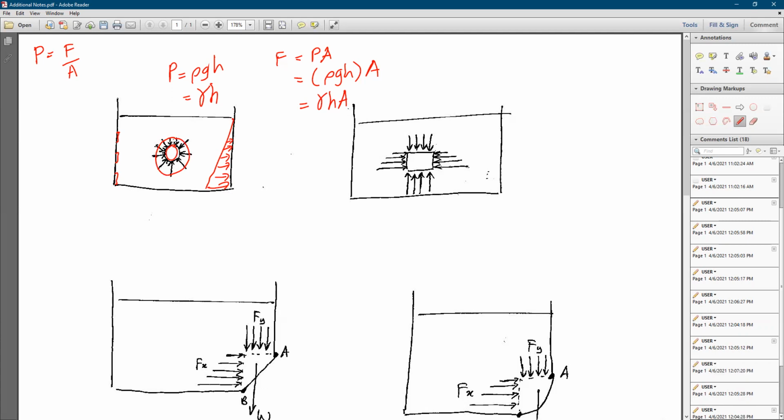The pressure on the top becomes larger, larger, larger, and the largest is down here, the very bottom of this particular ball.